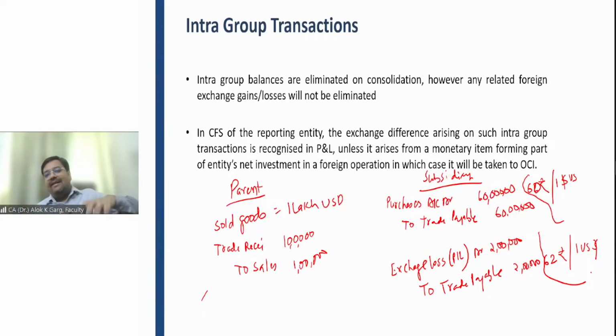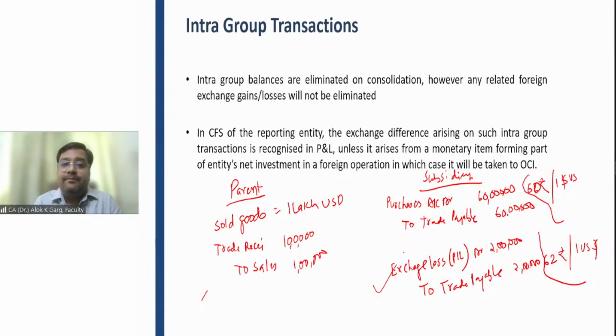So parent is saying that I have to receive 1 lakh dollar, and subsidiary is saying that I have to pay 1 lakh US dollar. So this transaction will get eliminated. But in the P&L, this exchange loss of 2 lakh rupees has remained because this was debited in the subsidiary's P&L. So in the consolidated P&L, this loss remained.